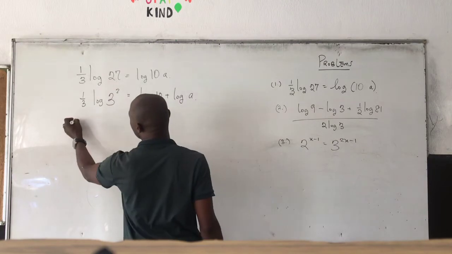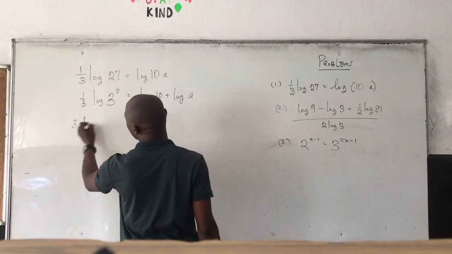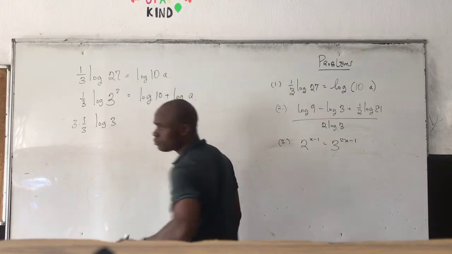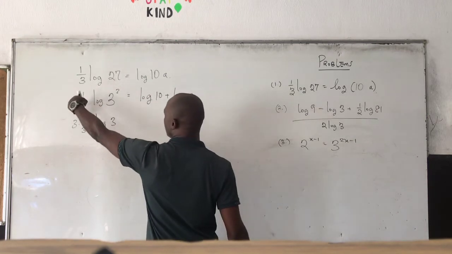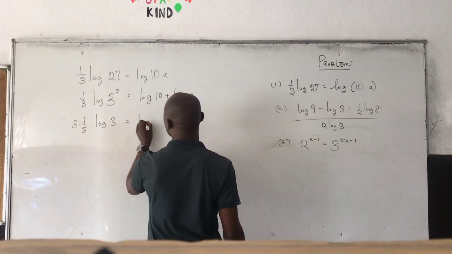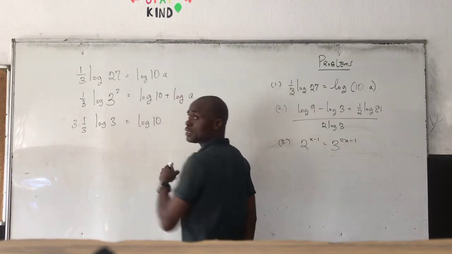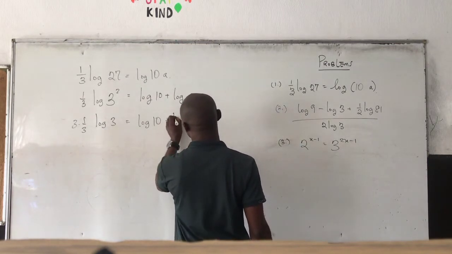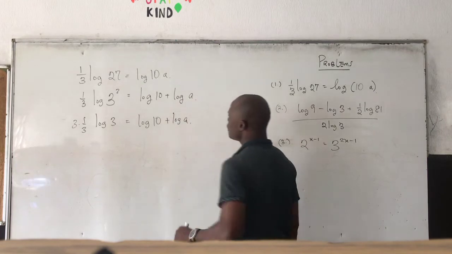So we have this 3 times 1 over 3 log 3. We can actually bring this over here, and we have that. And this is log 10 to base 10, which is actually 1. And we have log a, right?